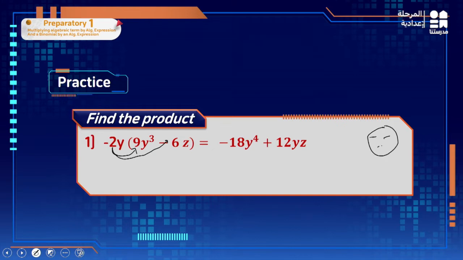Do you remember it? Negative times negative is positive, negative times positive is negative. Then negative 2 times negative 6 is positive 12, and yz.